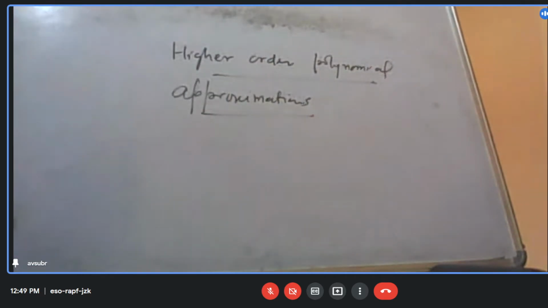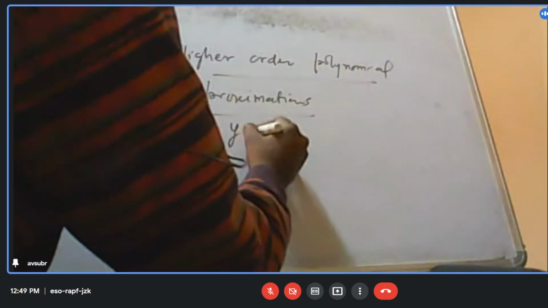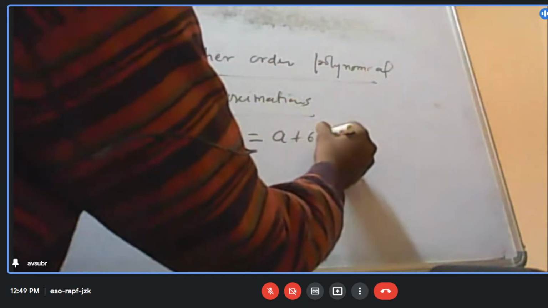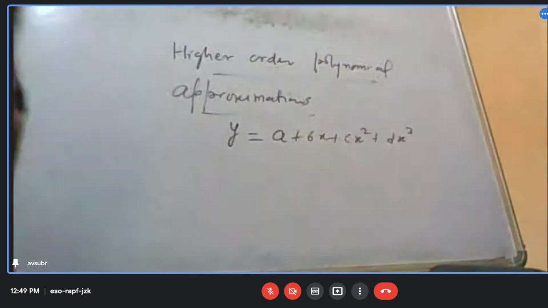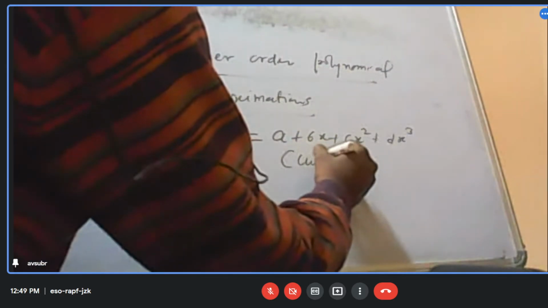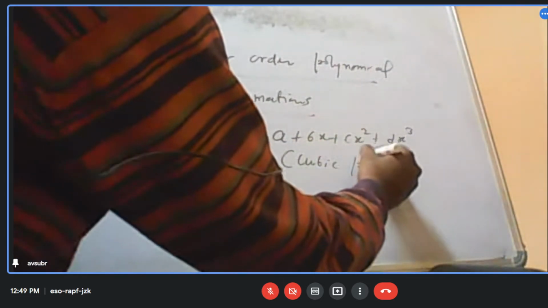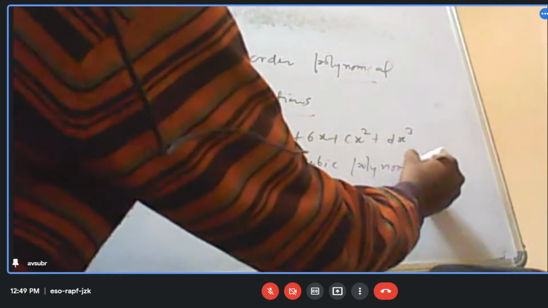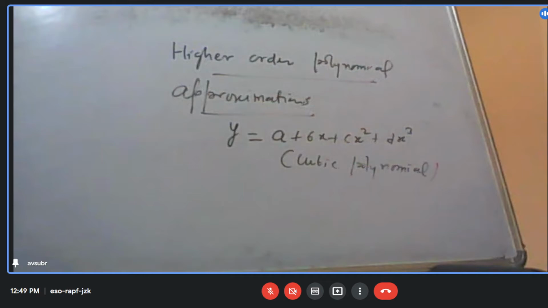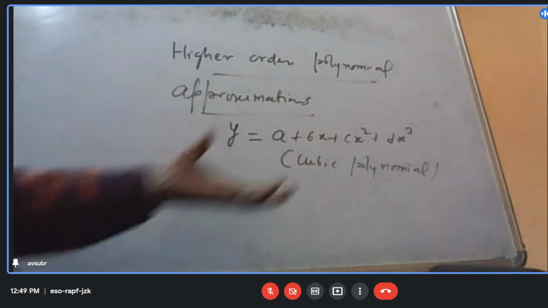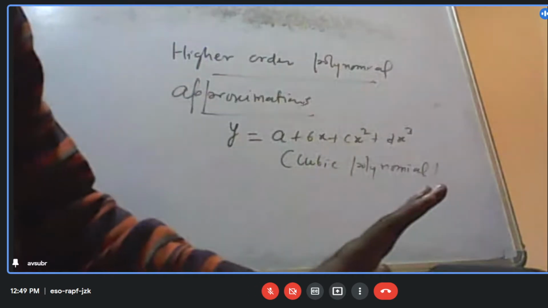What could be the next higher order polynomial? y equal to a plus bx plus cx square plus dx cube. This is a cubic polynomial, isn't it? It is known as a cubic polynomial, or a polynomial of degree 3.